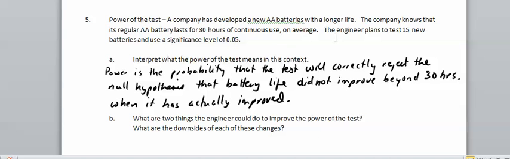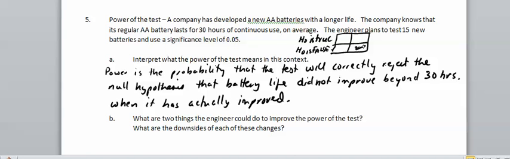So what we're looking at, if you think about it, is the power of the test, right? We always talk about these four different things, right? The power of the test is when the null is true, or the null is false. In this case, the null is false. The alternative is that they have improved, and we want to correctly reject.